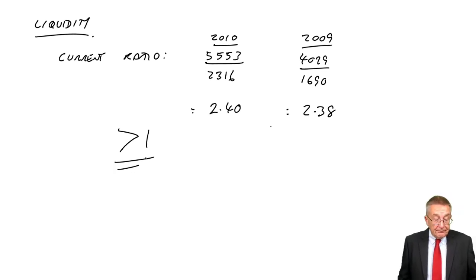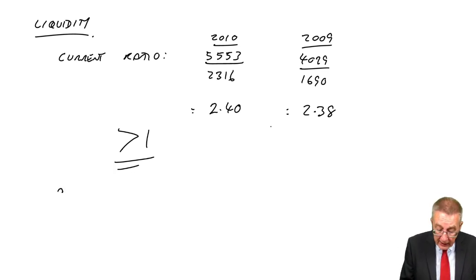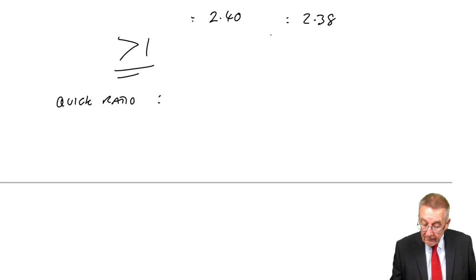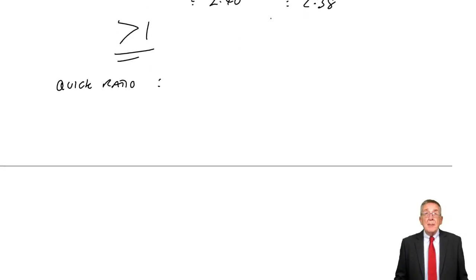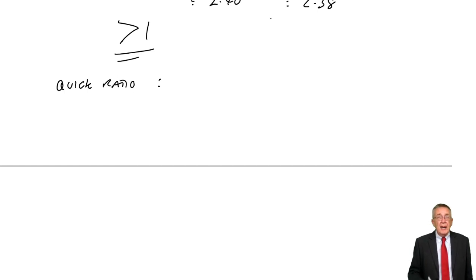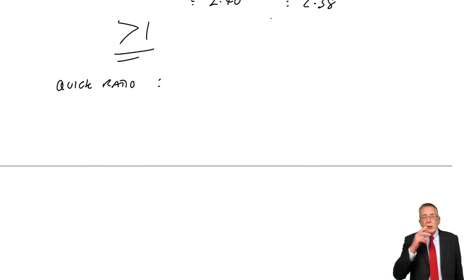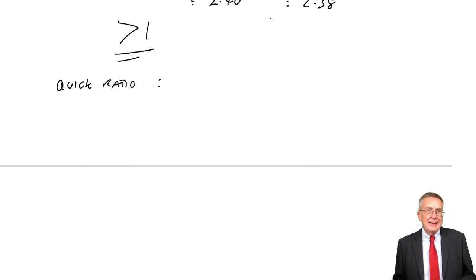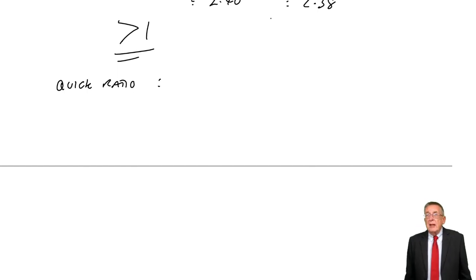The next one is very similar. The quick ratio, or as you can see, the acid test ratio, is exactly the same idea, but when we're looking to see if we can pay our bills, maybe our payables, maybe we have to pay them in a month. Well, if we've got some cash, we can pay, no problem. There's receivables.